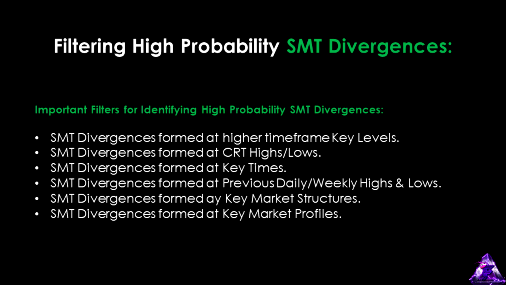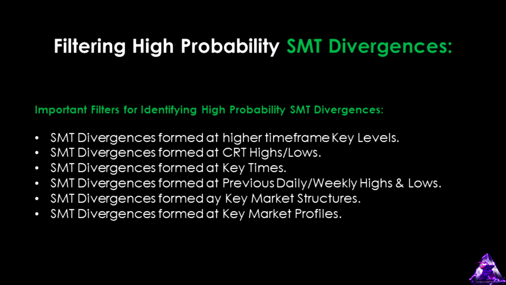The best and most reliable SMT divergences occur at these key levels. If you find an SMT divergence in a random area, it won't be effective. SMTs only work when formed at key levels, so ensure every SMT divergence you find and trade has this characteristic. Otherwise, don't use or trade it.